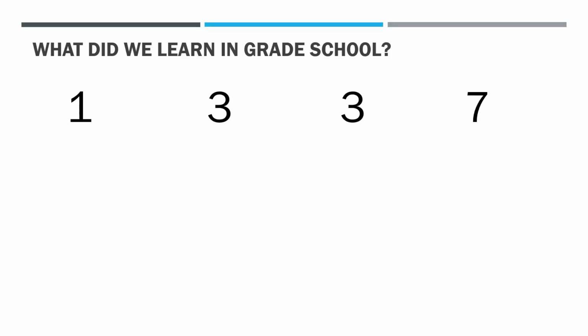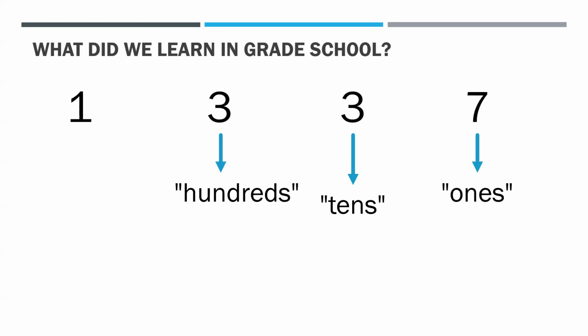And you had a decimal number, right? Like 1337 here, right? And in the earliest math that you did in grade school, you learned some basic facts. So that 7 at the end of the number, that's what we call the ones place, right? And then there's the tens place and the hundreds place.